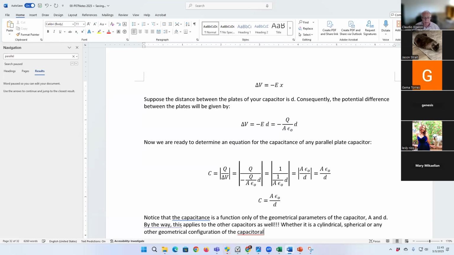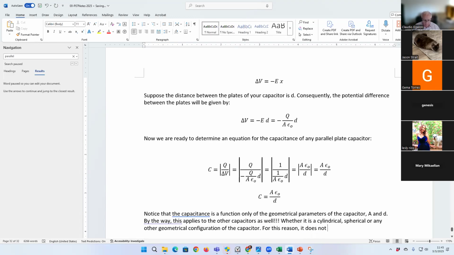Remember that I told you that for this reason, it does not matter what is the potential difference between the plates of a capacitor. Okay?